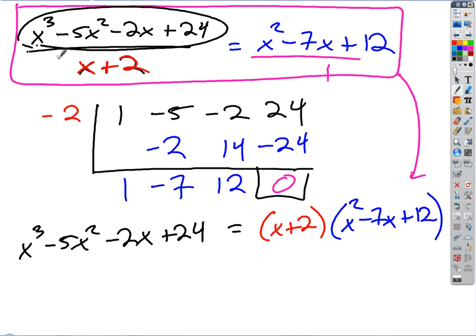Well, we kind of started doing that already, didn't we? Let's take an example with numbers. Let's say I gave you the number 132, and I said that 11 is one factor of that.